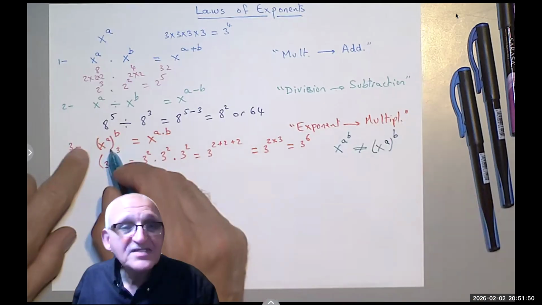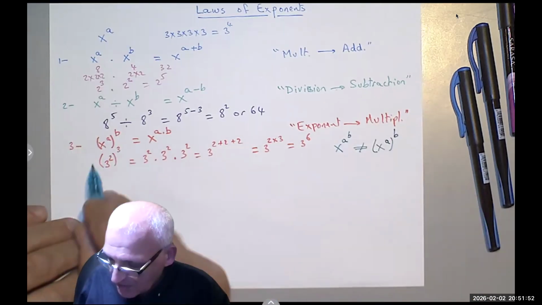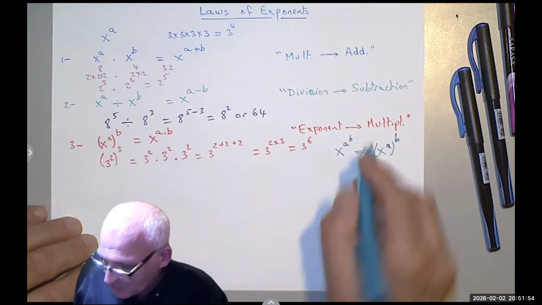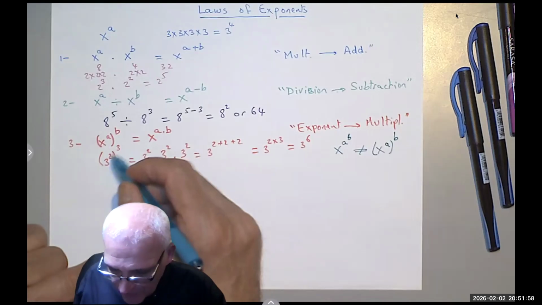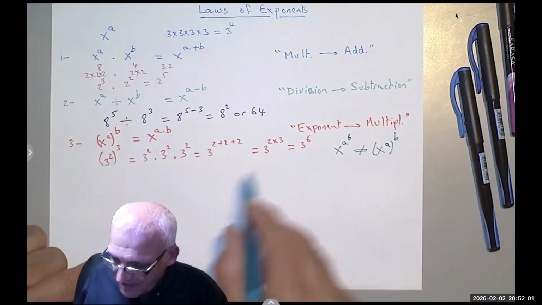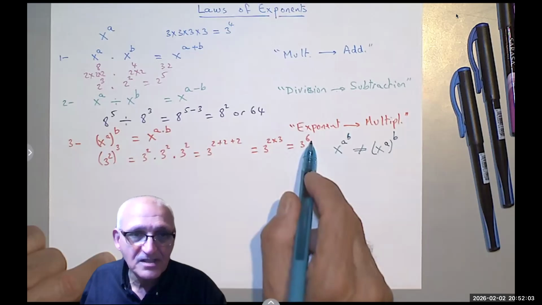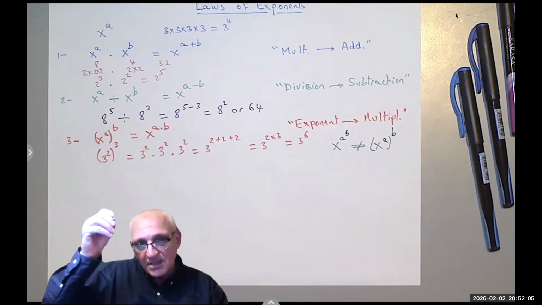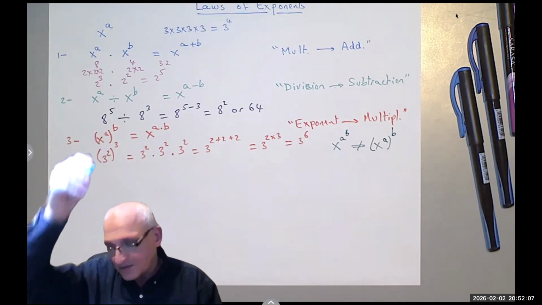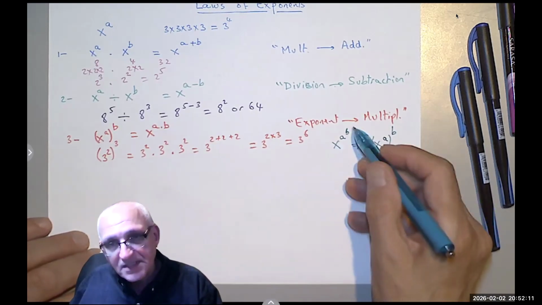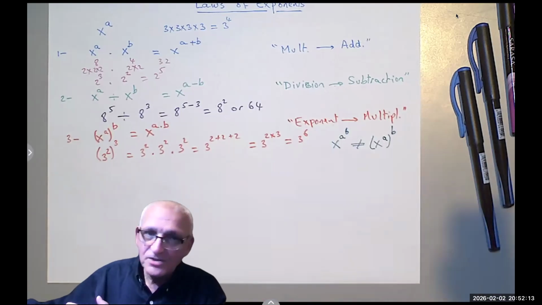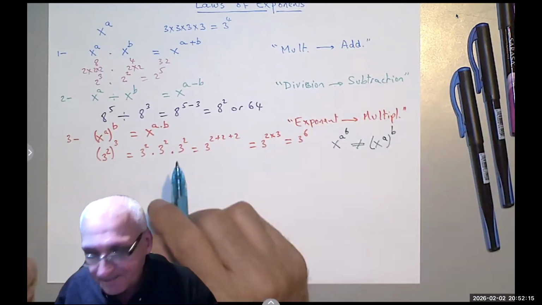Always use parentheses, because if you don't, people may think you wanted to say 2 to the third power is 8, and this would be 3 to the 8, not 3 to the 6. A power of a power is not a to the b and then you take x to that power. No, that's not what we mean here.